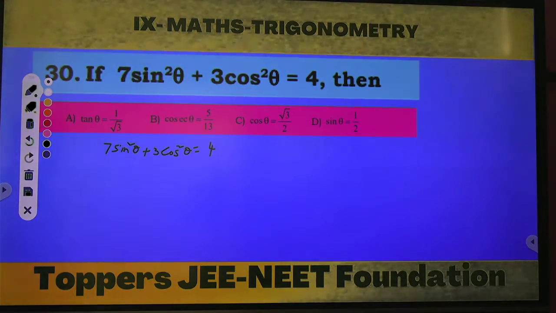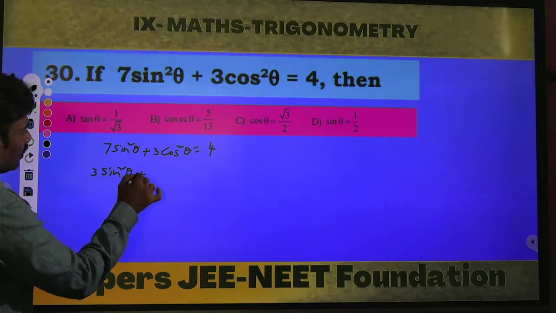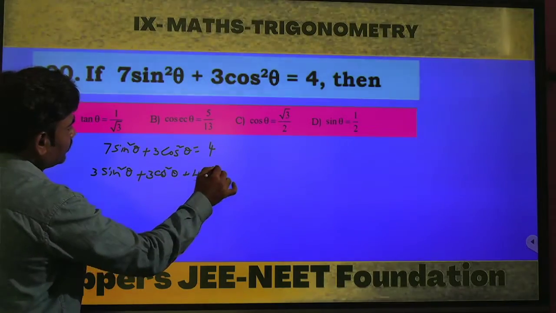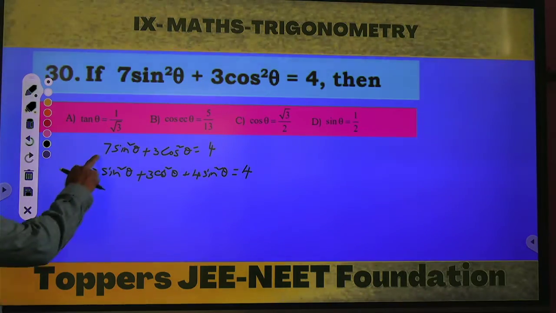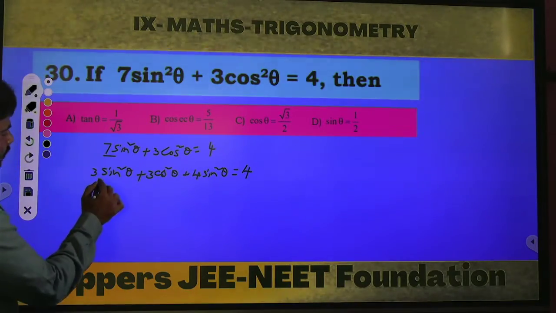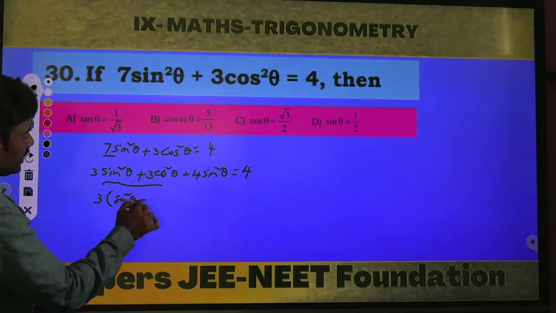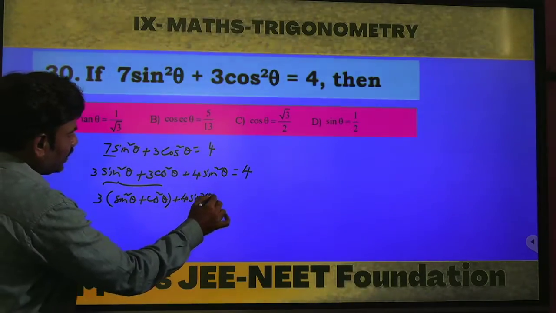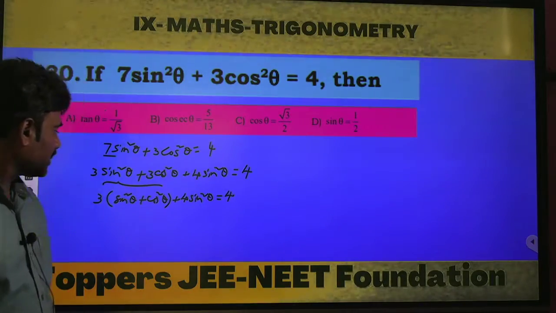I will write 7 sin square theta as 3 sin square theta plus 4 sin square theta. Now from these two, let us take 3 common. We will get 3 into sin square theta plus cos square theta, plus 4 sin square theta is equal to 4. From the first trigonometric identity, sin square theta plus cos square theta value is 1.